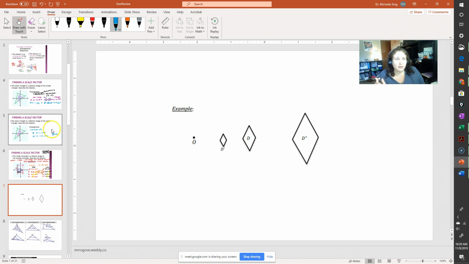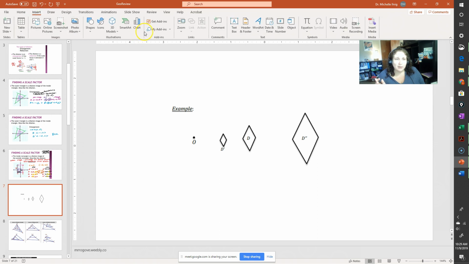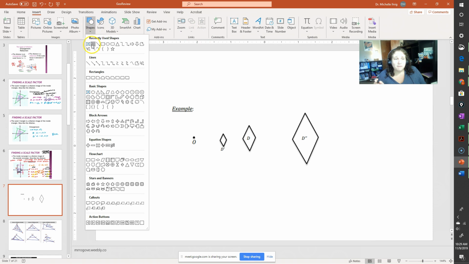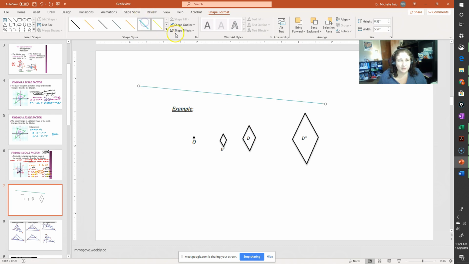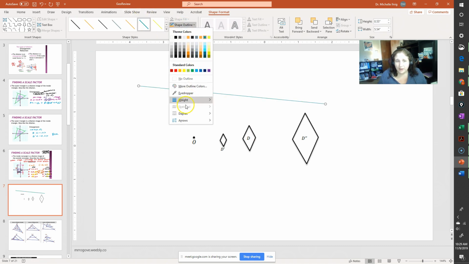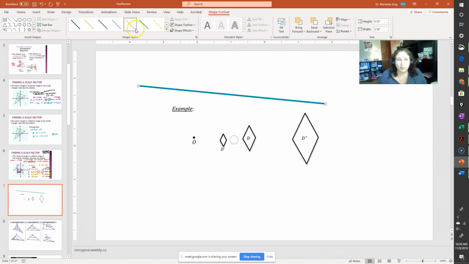Okay. Here, this was just one more reminder about how to draw or find the center of dilation. Pretty much all you do is draw a line, I don't know why yellow seems to be their favorite color today. And then you connect the points.